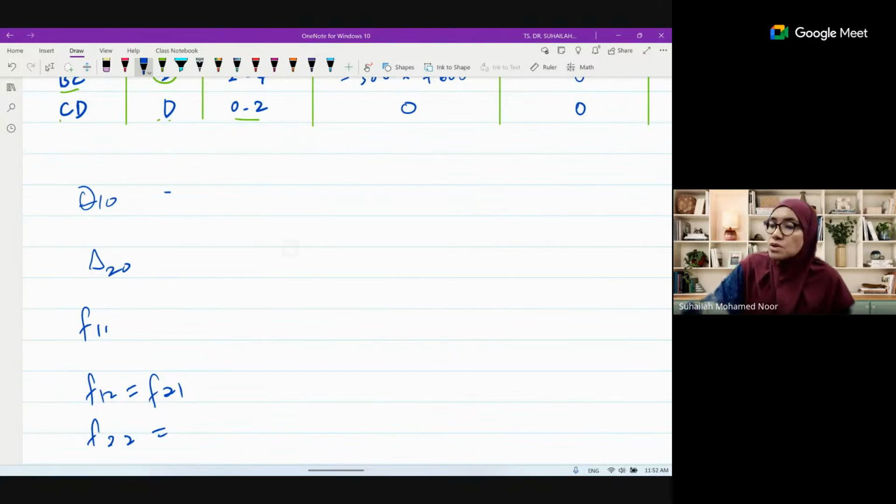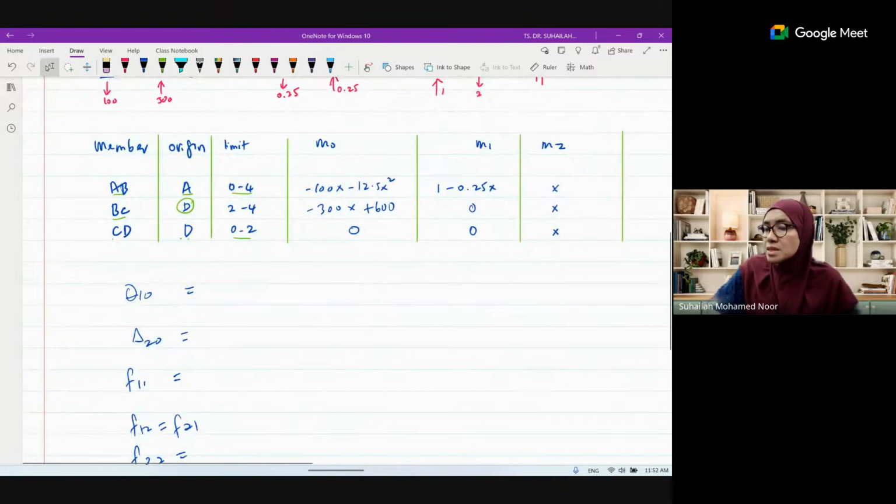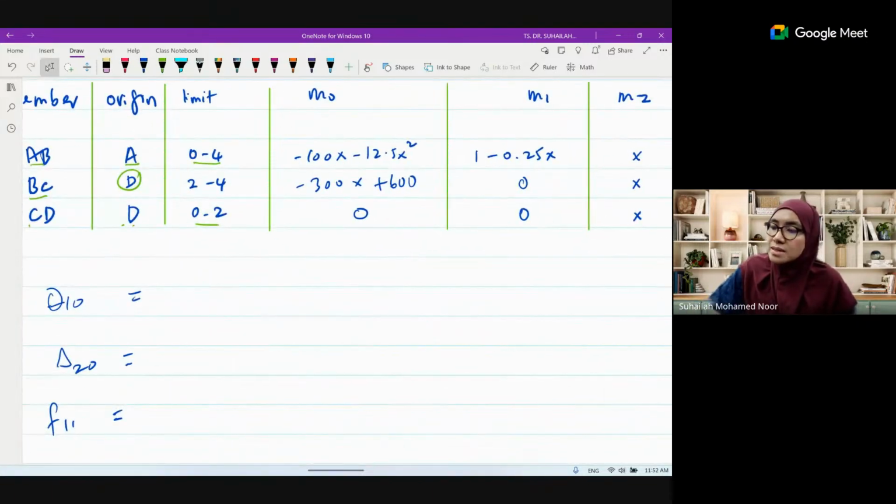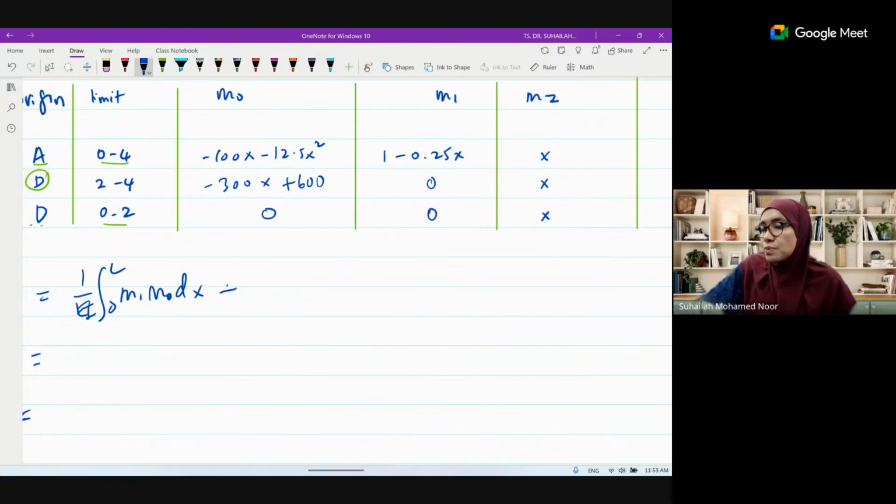Okay? So kat sini, satu lagi tips yang saya nak share, tak payah tulis balik equation dari table ke sini. Okay, sebab bila you tulis balik, contohkan satu buang masa lah. You akan tulis, okay, ni the equation. 0 to L M1 M0 kan? Dx. Lepas tu proses dia memanglah yang ni kan. Tapi kalau tulis buang masa lah. So yang ni equal to 1 over EI section number 1 0 to 4.